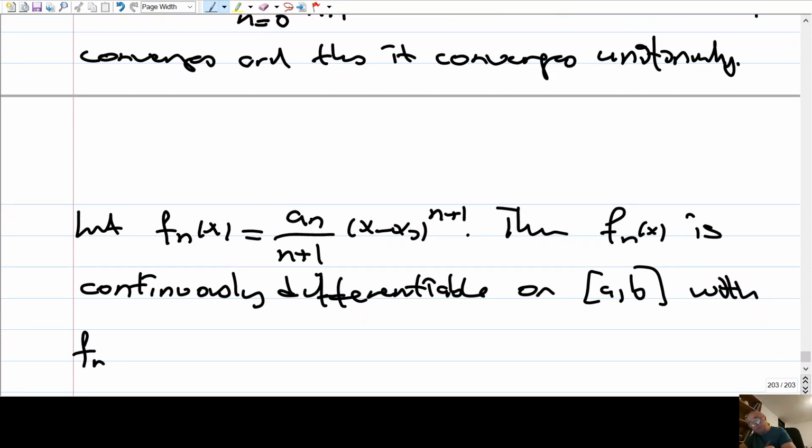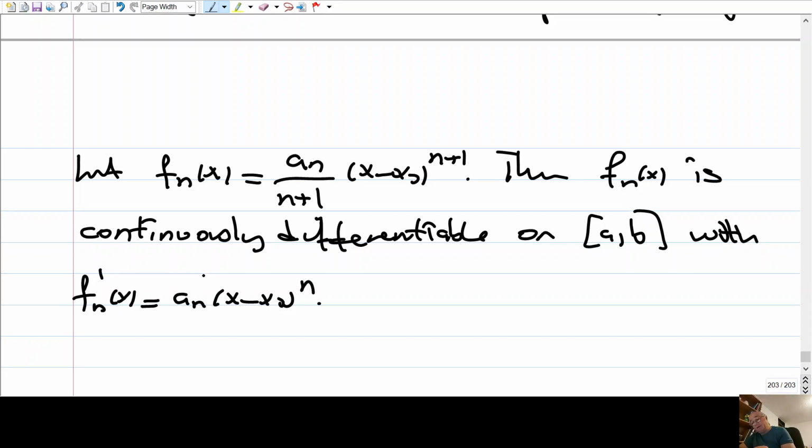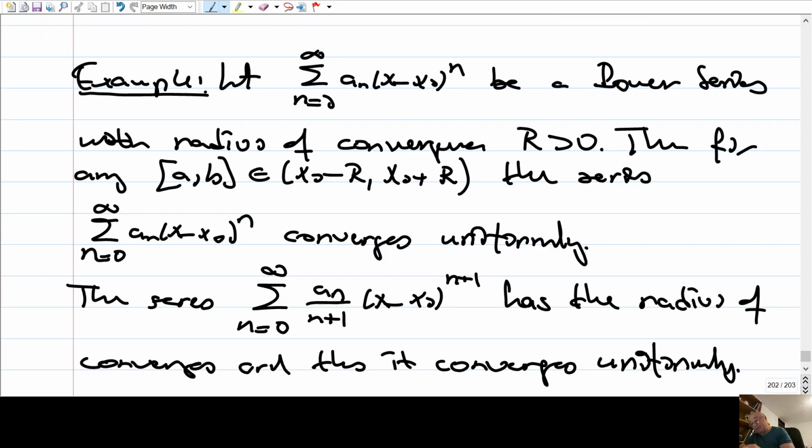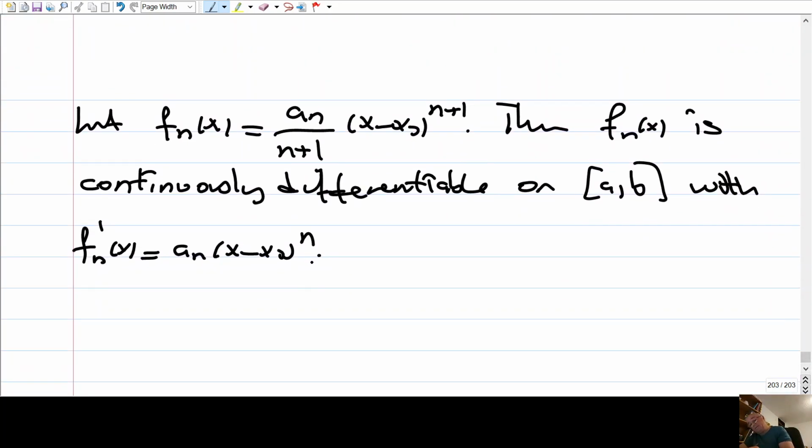What is the derivative of this function? Well, it is just a_n times (x minus x0) to the power n. And by assumption, this series is convergent, right? If I write it as a series, then it's convergent. Okay.